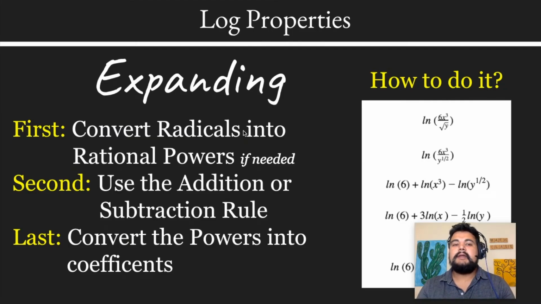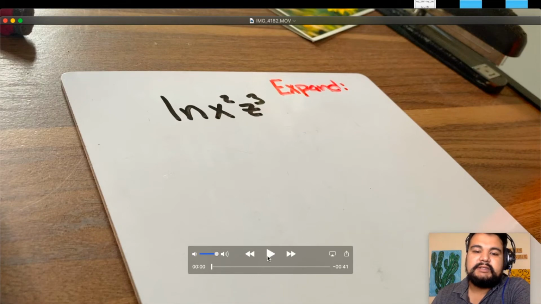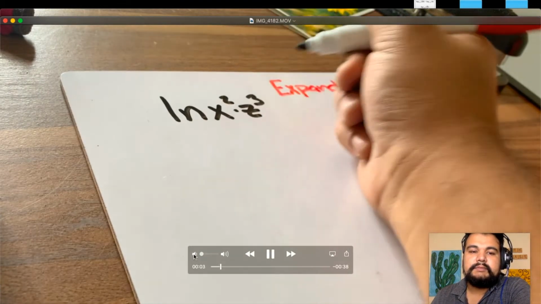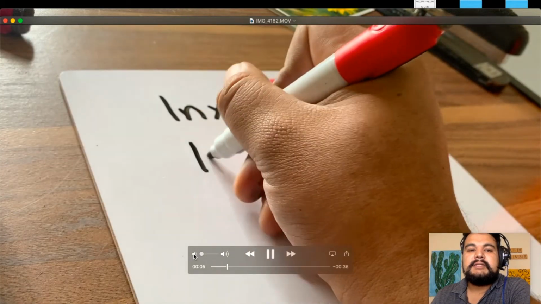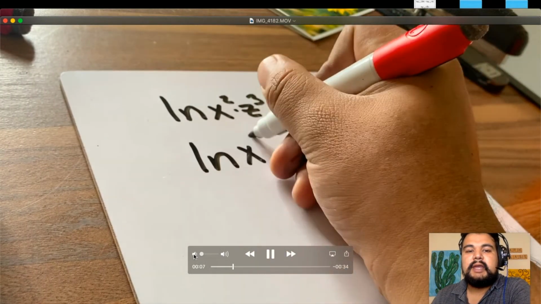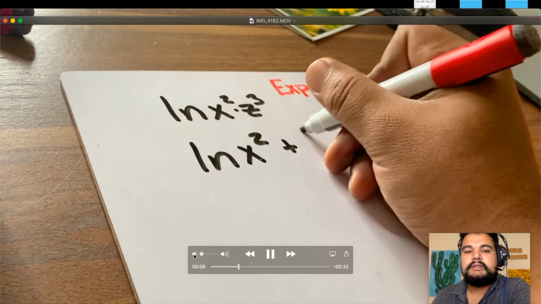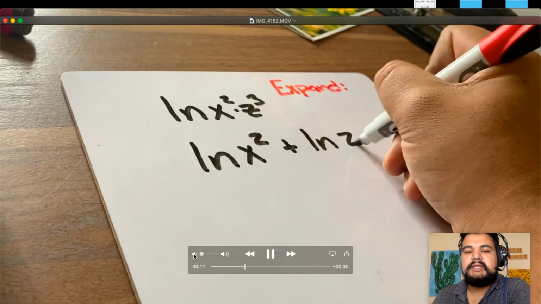Okay, now let's talk about the opposite of condensing. So before we were making things from big to small. What happens if they give it to you already reduced and you want to go backwards? That process is called expanding. I noticed that I have x times z. So because it's times inside, we're going to do ln of x squared plus ln of z cubed.